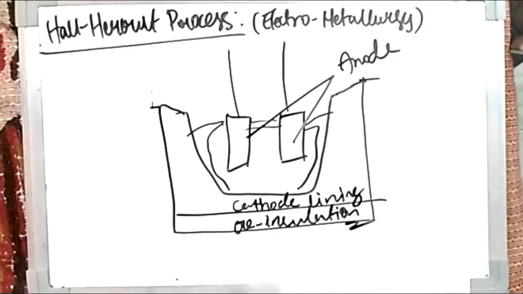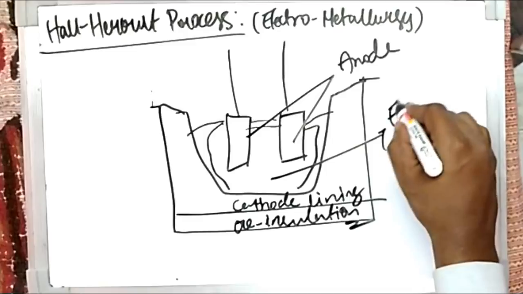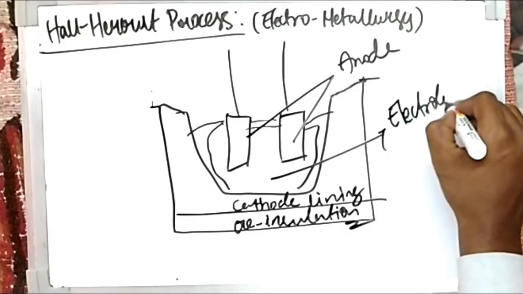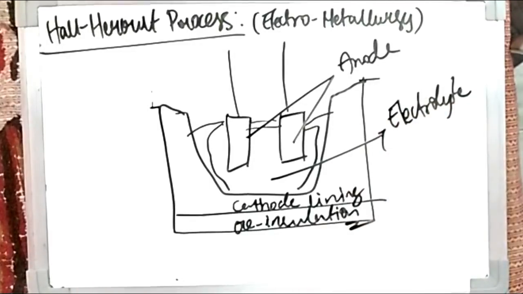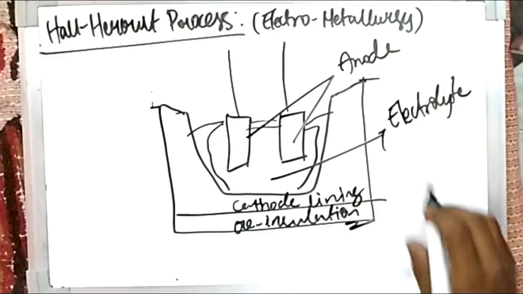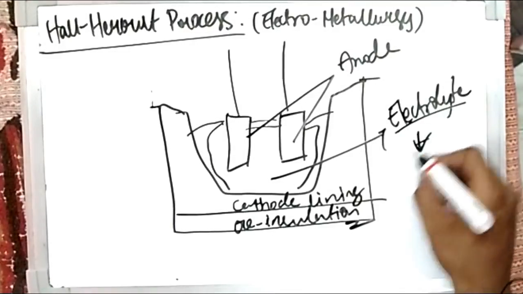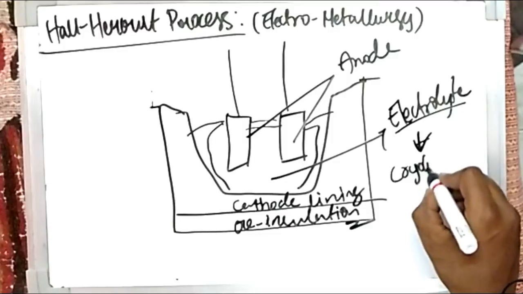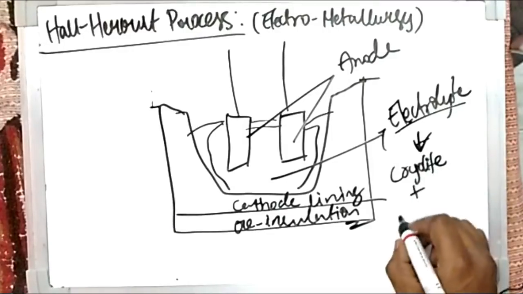So here we'll take the electrolyte and we'll pass electricity in order to obtain aluminium. Now what is this electrolyte? This electrolyte consists of cryolite plus Al2O3.